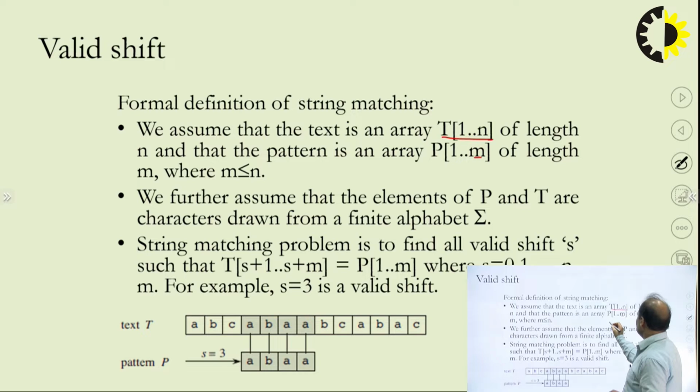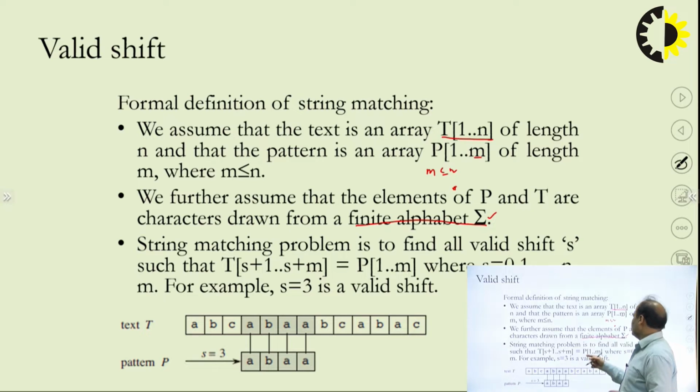Generally we require that m is always less than or equal to n. We further assume that the symbols of text and pattern are taken from some finite alphabet sigma. That finite alphabet sigma can be decimal integers, any string, any alphabet.